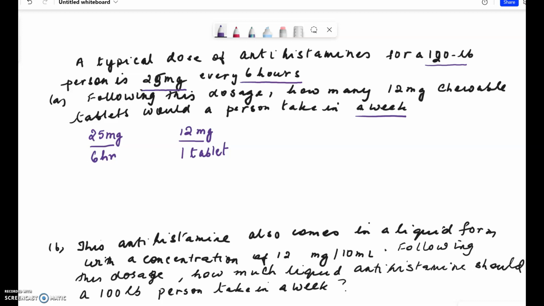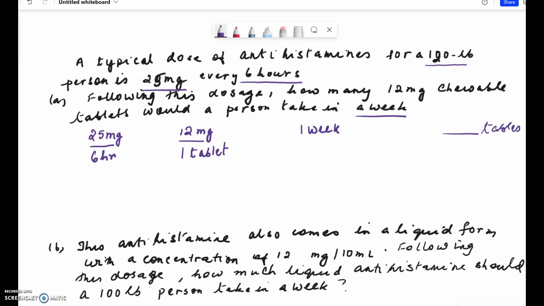And we want to calculate how many such tablets, how many tablets in 1 week. And your final answer is blank tablets.